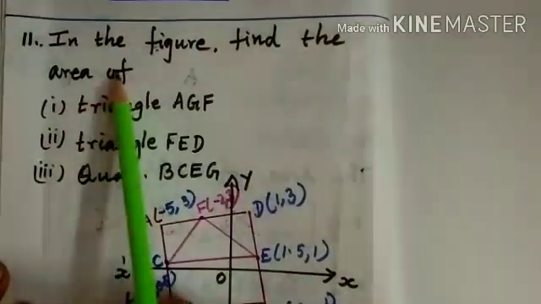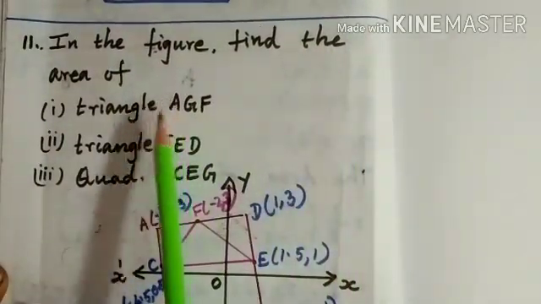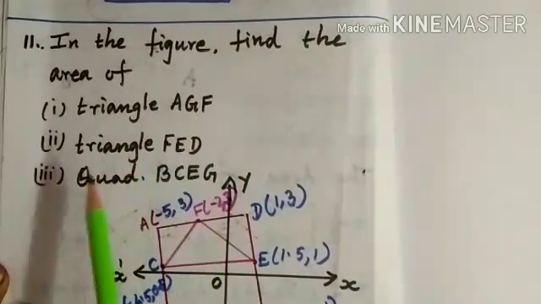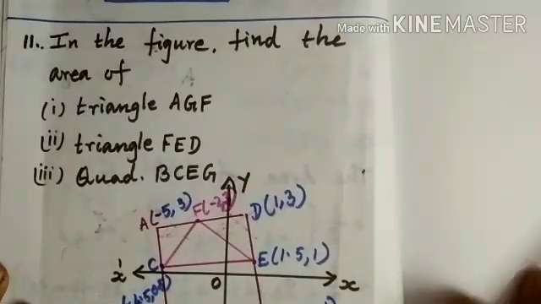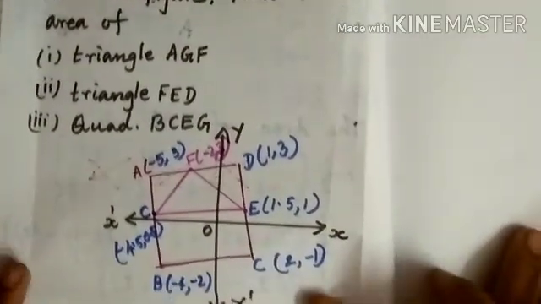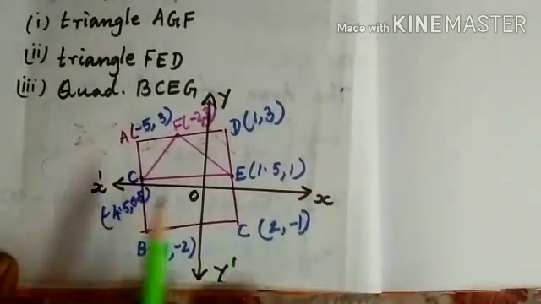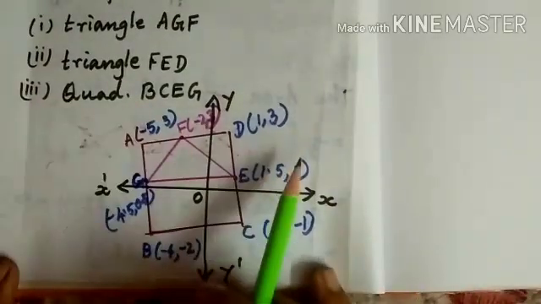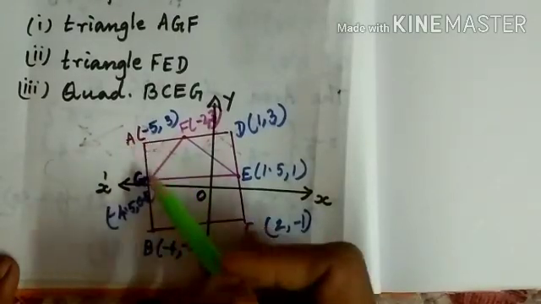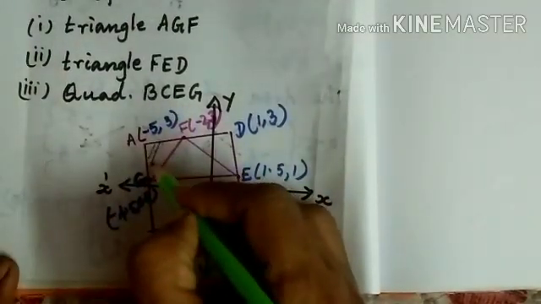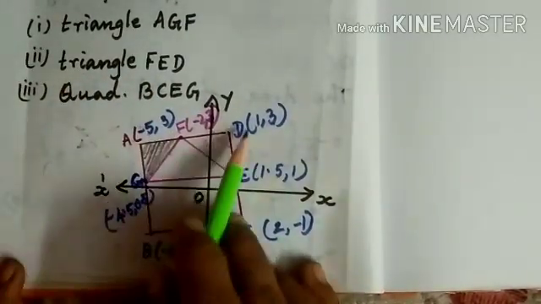Now, let us see the last question of this exercise. In the figure, find the area of triangle AGF, triangle FED, and quadrilateral BCEG. See, in this question, from the figure, first we have to find the area of triangle AGF. The next subdivision, the area of triangle FED.